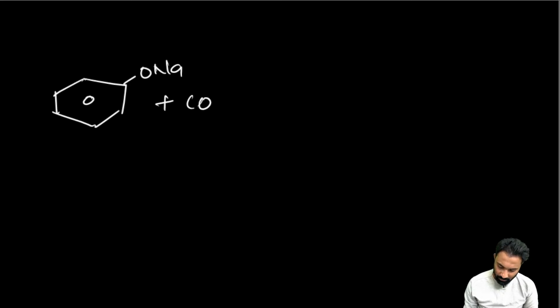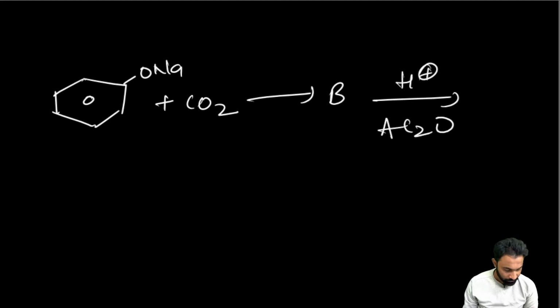Sodium phenoxide upon CO2 gives B, and B upon H+ and Ac2O gives C. What are B and C here?